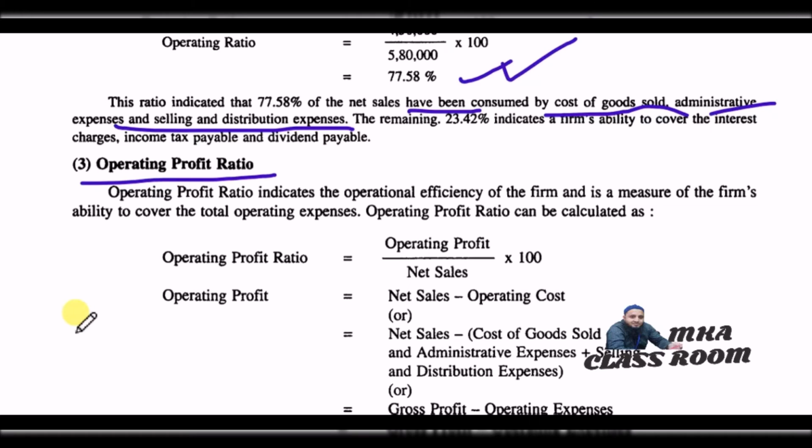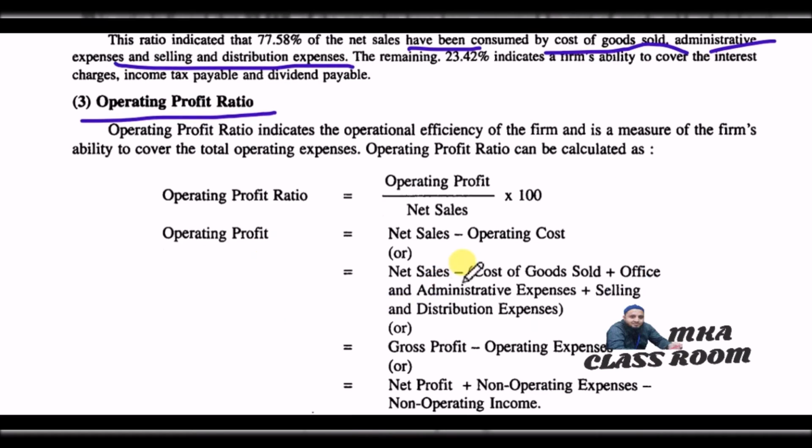It can be calculated as operating profit divided by net sales into 100. Net sales minus operating cost gives the operating profit.